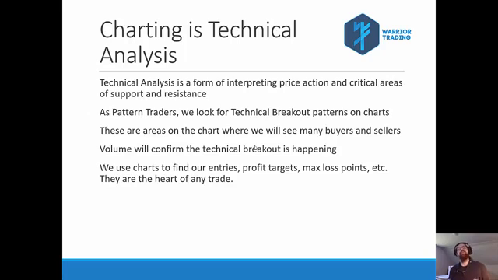So we're going to use the charts, use the candlestick patterns. Right? One candlestick by itself isn't a pattern, it's just a candlestick. It could be an indicator of something. But when we put together multiple candlesticks, we form patterns. The bull flags, the flat top breakouts, etc. So we're going to use those patterns in the candlesticks to find our entries, establish possible profit targets, max loss, stop out points.